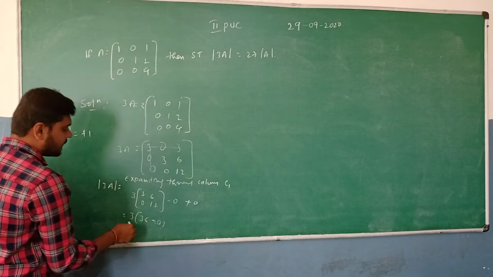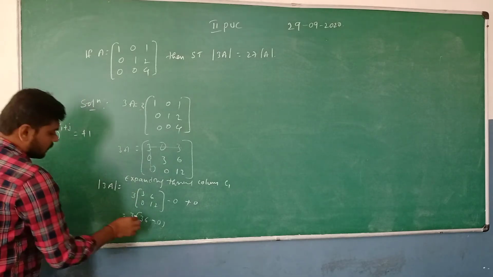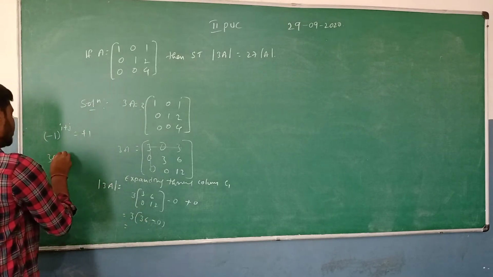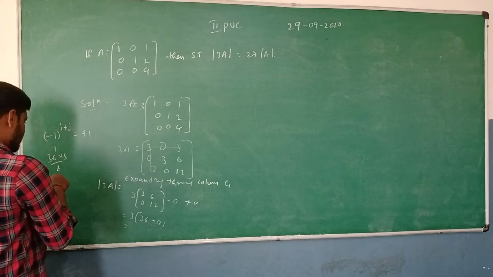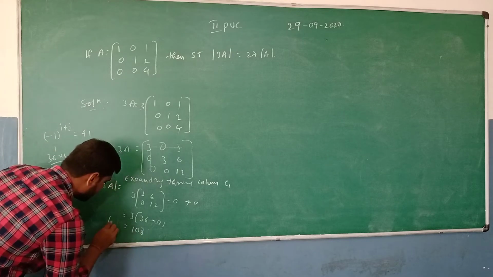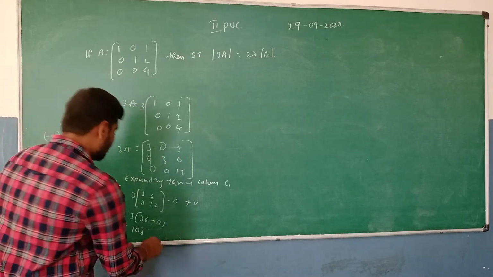So what is the value of 3 into 36? That's going to be 108. So determinant of 3A is nothing but 108. So that's going to be equation number 1.